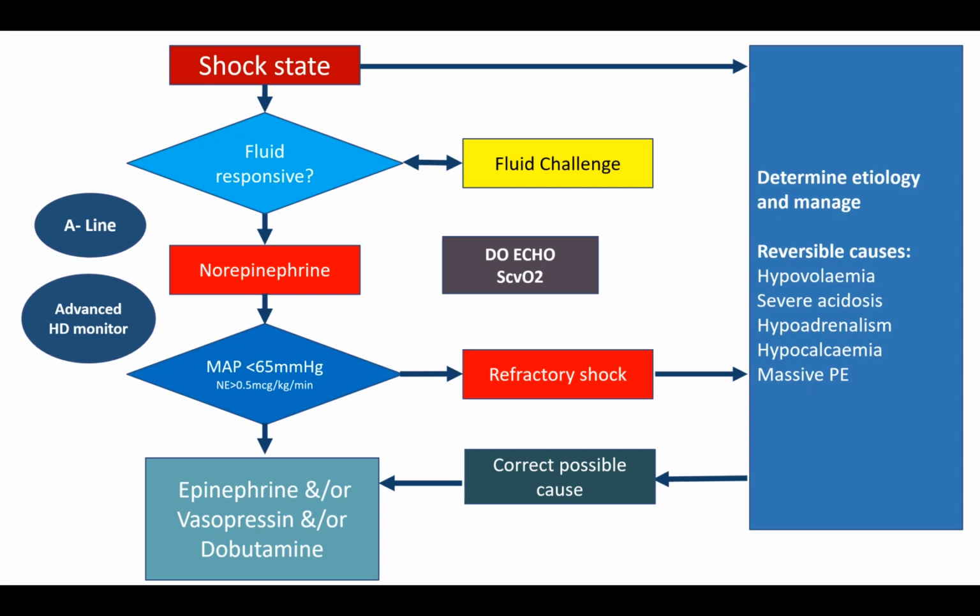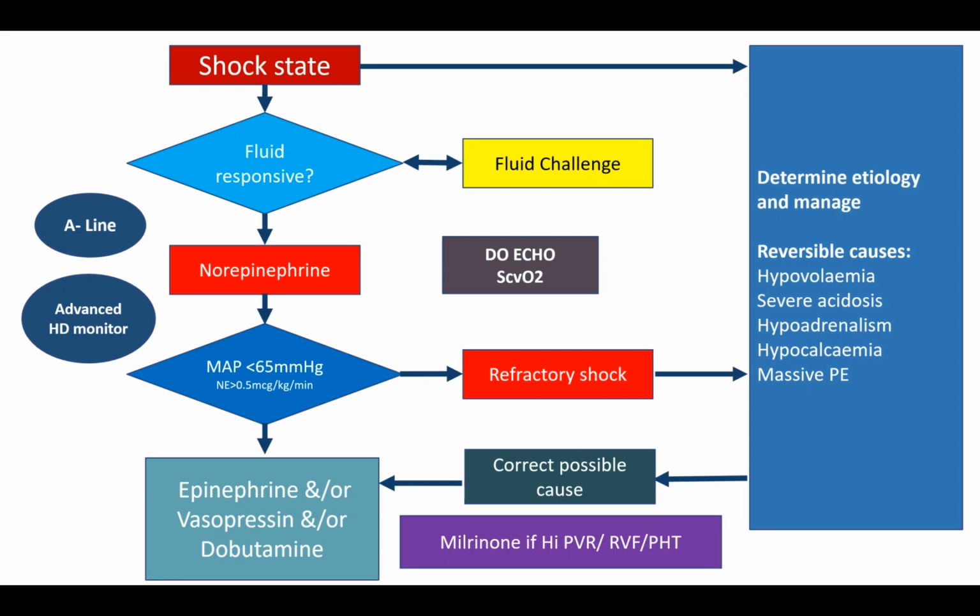Our practice is to add first vasopressin to norepinephrine, which most of the time is going to decrease the requirement of the norepinephrine. Also, you can determine if your patient needs dobutamine based on the hemodynamic parameters that you obtain from your advanced hemodynamic monitor.